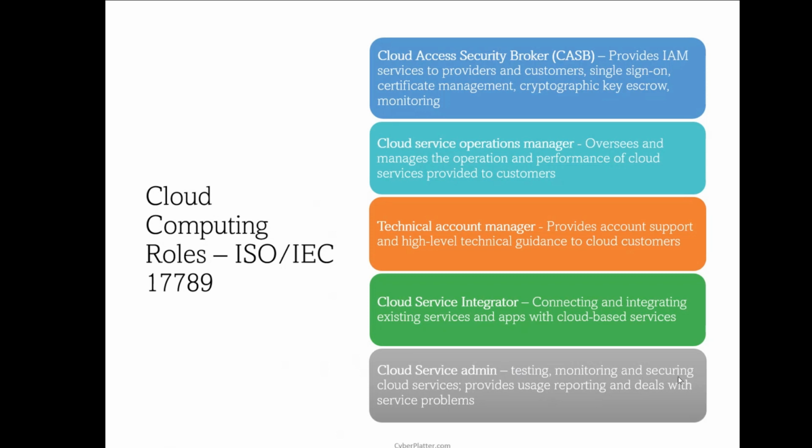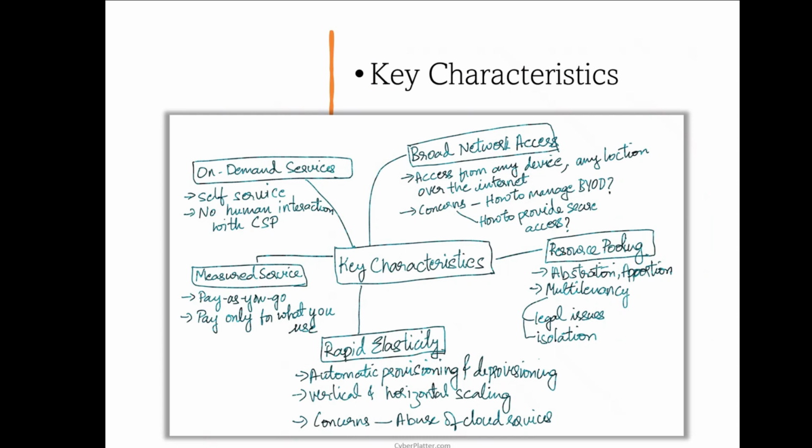Like testing, monitoring, and securing your services. Operations manager is supposed to manage the operation and the performance. So once you start reading about CCSP and you go through the other domains, these terms become more familiar to you. The next one. Okay.